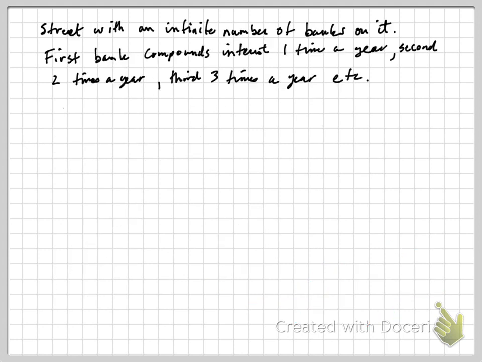So let me see if the slide next, yes, there it is. So let me make sure you can see that. Let's suppose that we are standing on a street that has an infinite number of banks on it. So just pretend. So the first bank compounds the interest one time a year. The second bank does it 2, the third bank does it 3, the 50th does it 50 times, the millionth bank does it 1,000,000 times.